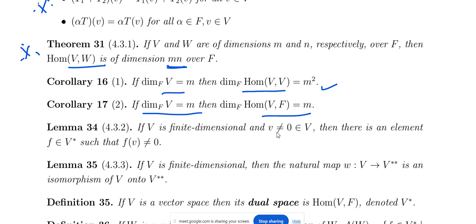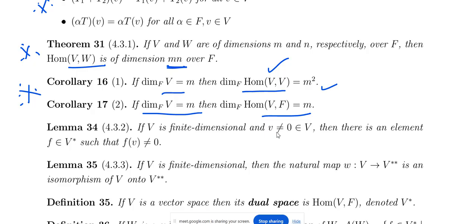This is a very important one. The distinction is that Hom(V, V) has dimension m squared when dimension of V equals m, but Hom(V, F) over the field F has dimension m, not m squared.